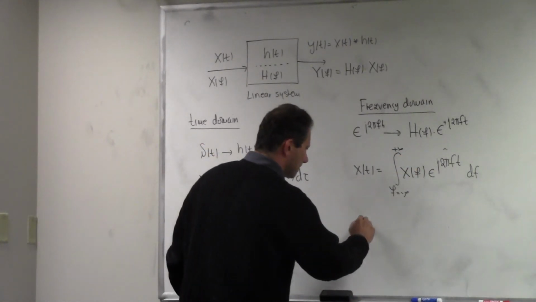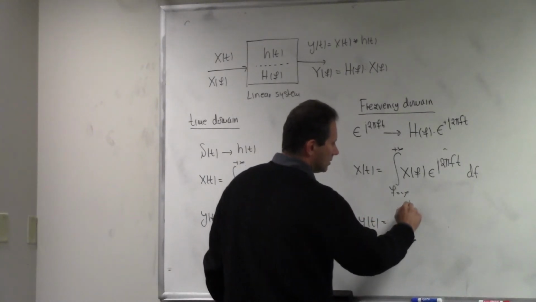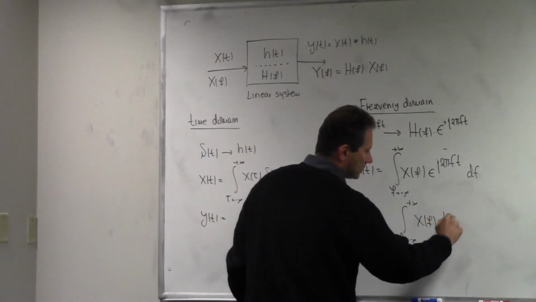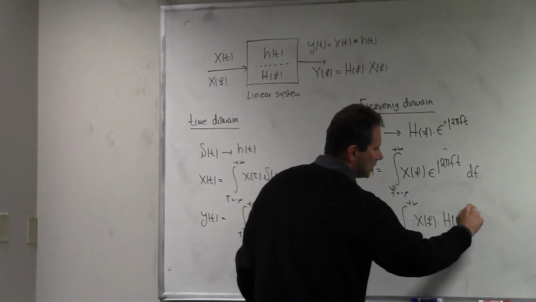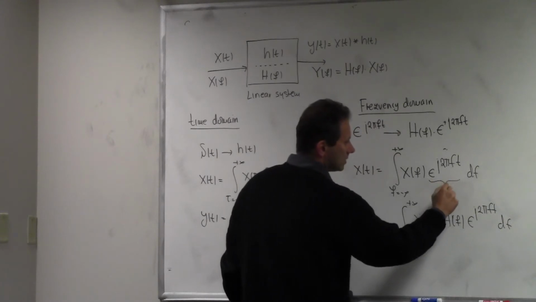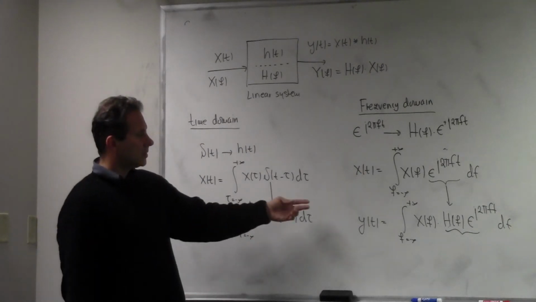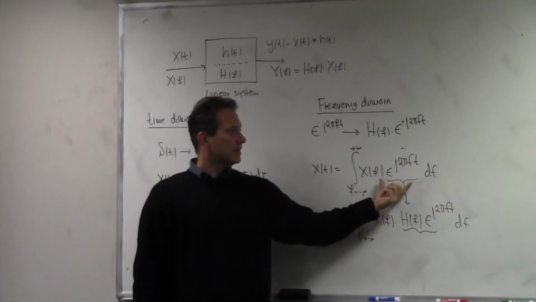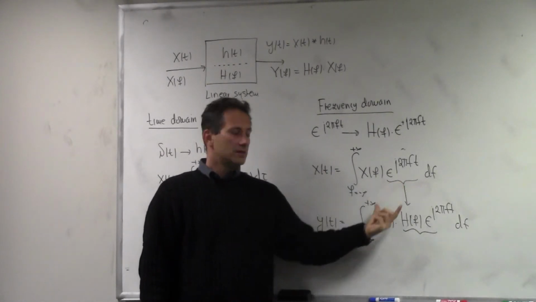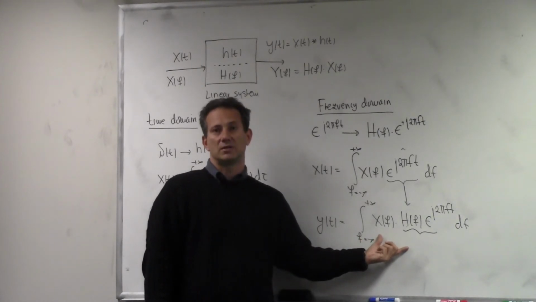So my y of t will have to be the integral, when f goes from minus infinity to plus infinity, of h of f times x of f times e to the j 2 pi f t df. In other words, you look at this, it produces this, right? And because of the superposition, I now see my signal, in this expression here, as the sum of a whole bunch of exponentials. Then at the output, it's going to be the sum of all the responses to these exponentials.